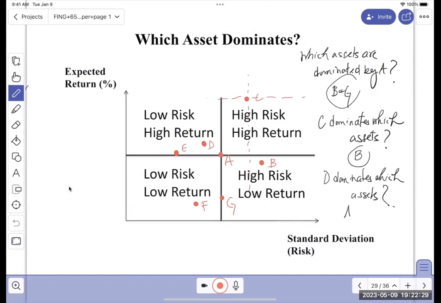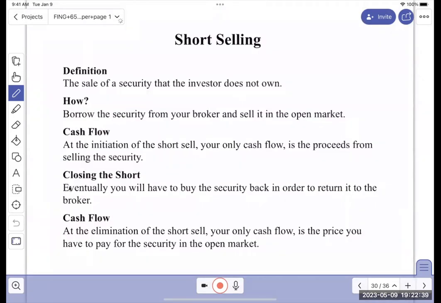There you go. A, B, and G. Correct. Okay. So you understand dominance.